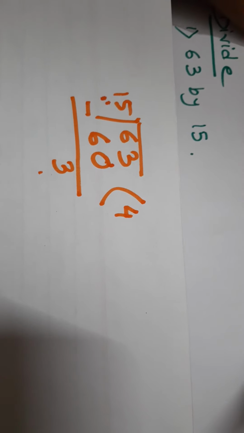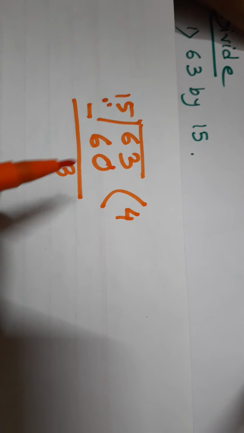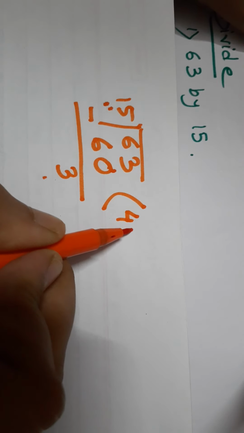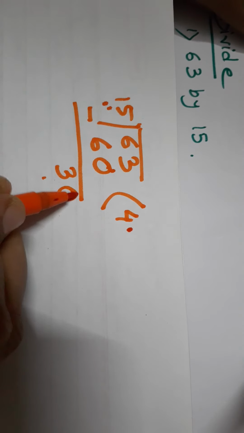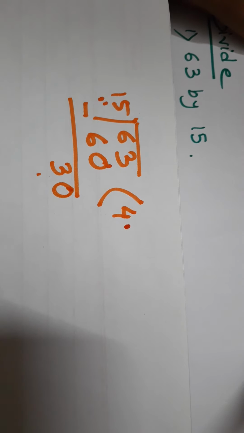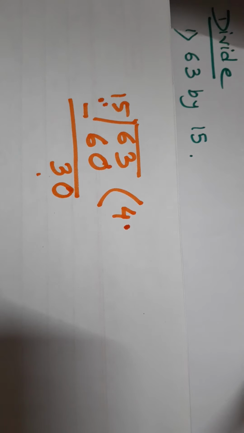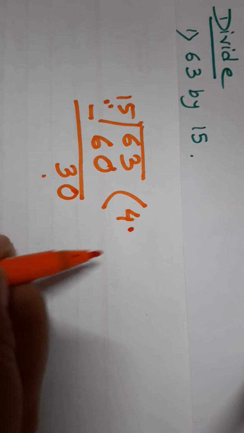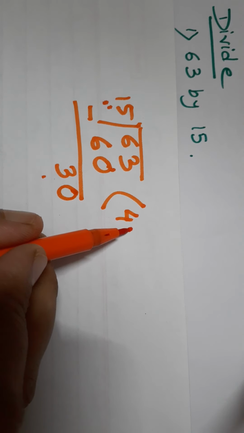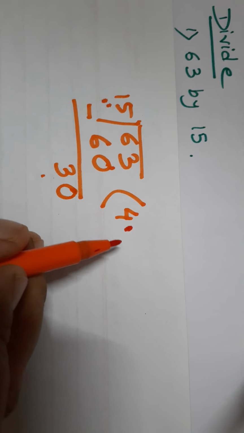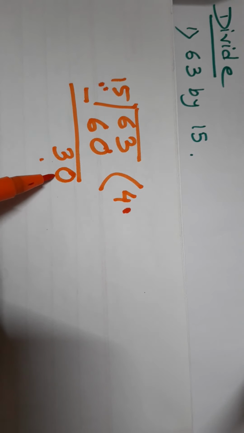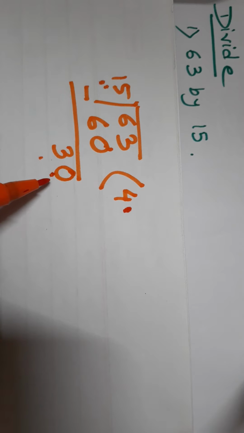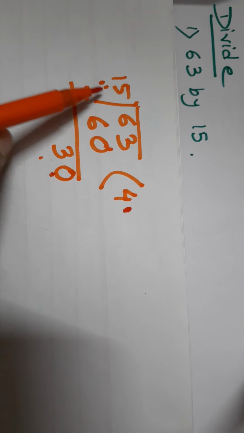Now in this case, we can put a decimal point over here, and for this decimal point we can add a 0. This is a totally new thing that you are learning right now. So when you add a 0 here, you can see that 15 2s are 30.